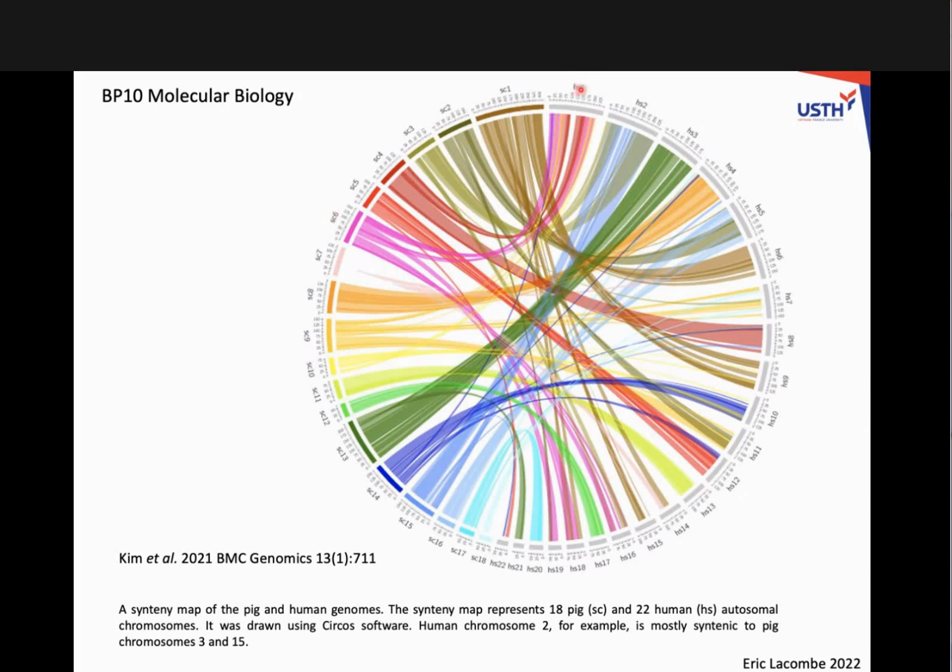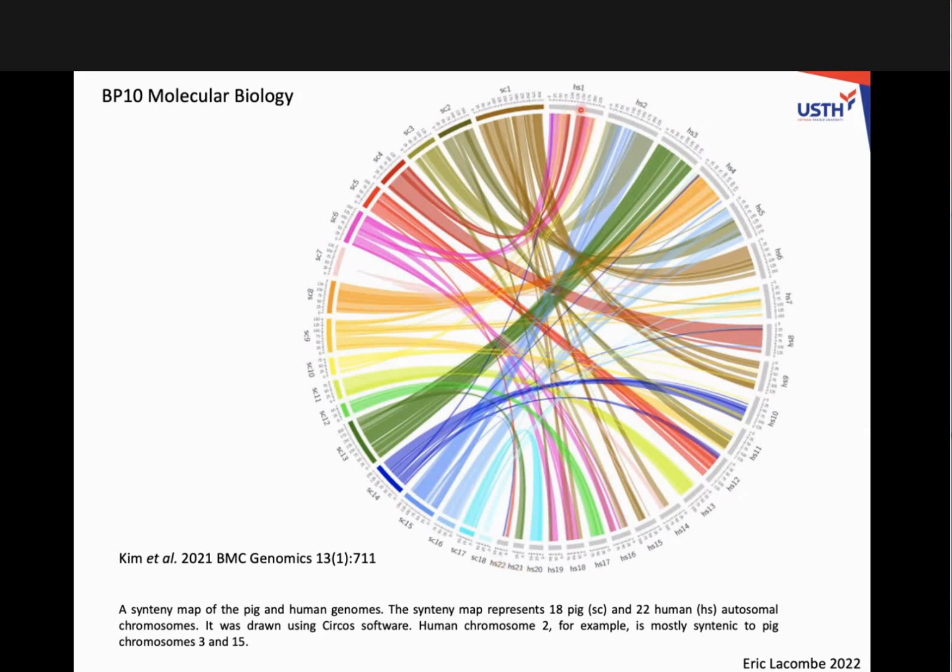HS stands for Homo sapiens. So this is chromosome 1 from Homo sapiens, chromosome 2, chromosome 3, and so on. And if you go down, you see that there are 22 chromosomes for human. In this map, they don't put the X and Y chromosomes. We only stay with the 22 autosomal chromosomes in human.